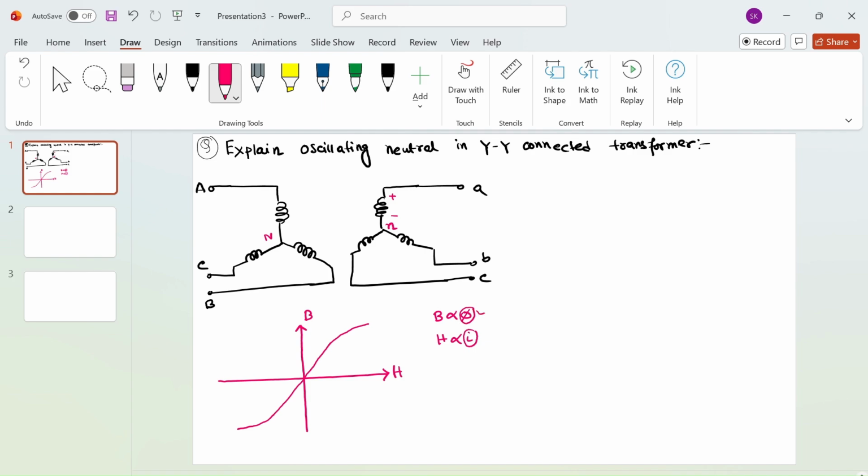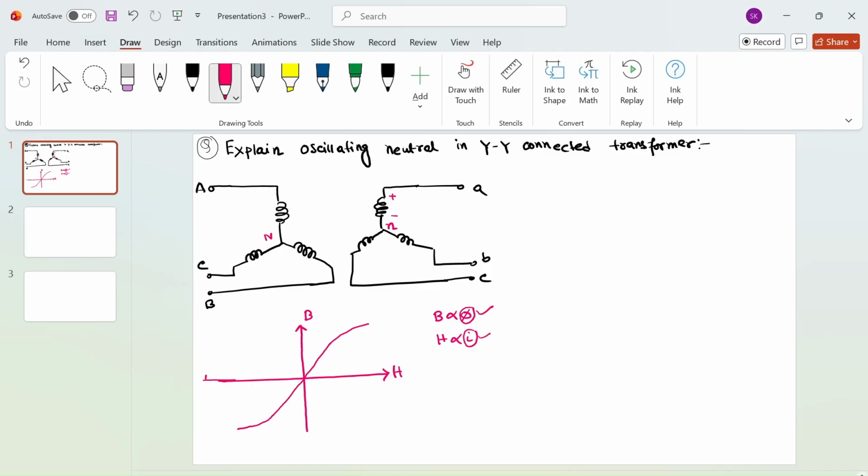And if my flux is sinusoidal, my current will not be a pure sine wave. It will contain some harmonics. If either quantity is sinusoidal in nature, the other one will not be sinusoidal because of the nonlinear BH curve. You can think of it that way.